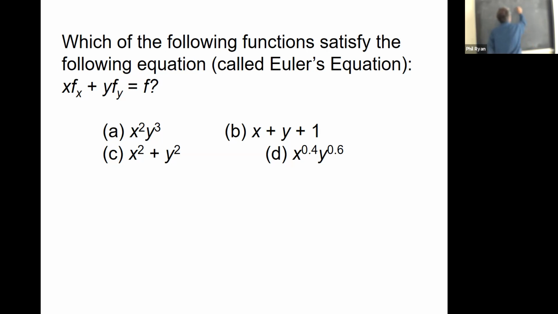X squared plus 2x plus 1 equals 4, for example. I say x equals 1 solves this equation. What do I mean by that? You plug in x equals 1, what do you get?